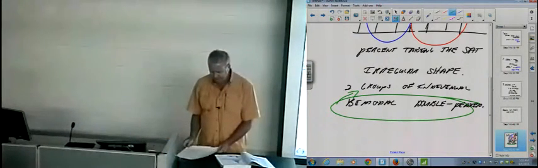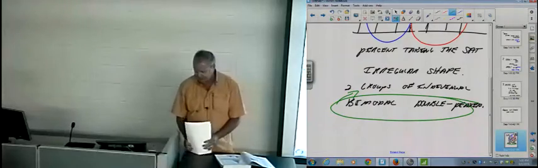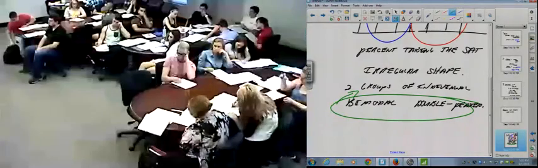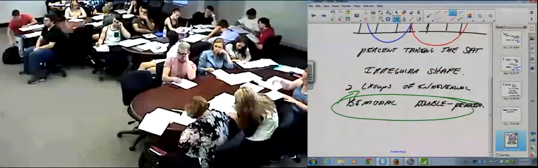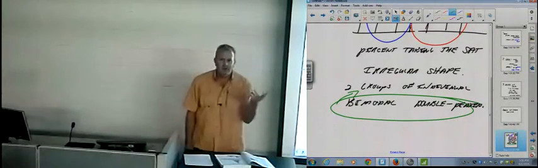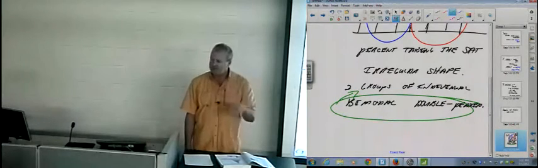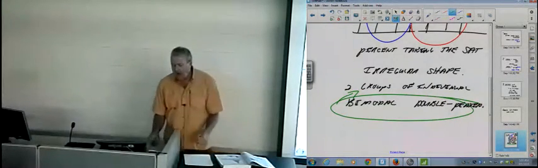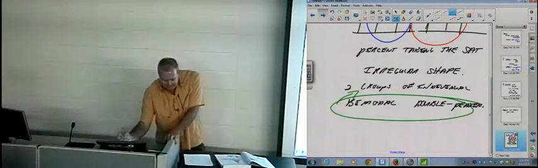Now, I want to attack this from a different point of view. Look, I'm assuming I can draw any histogram up here I want, and you'll tell me whether it's skewed to the right, skewed to the left, roughly symmetric. Okay? So I'd like to go the other way. Okay?